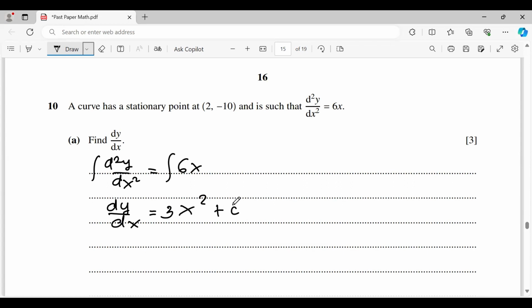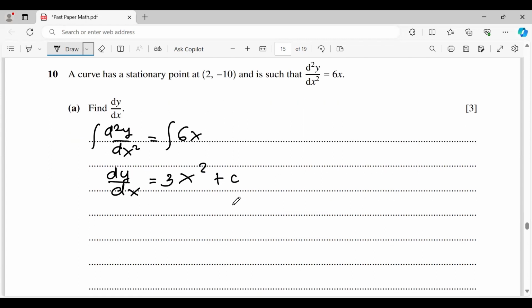So that one is dy/dx, at (2, negative 10), and a stationary point happens when dy/dx equals 0.